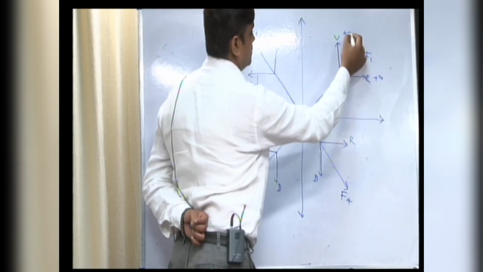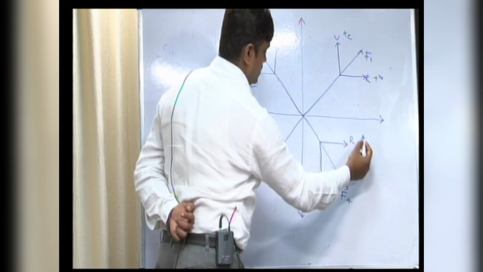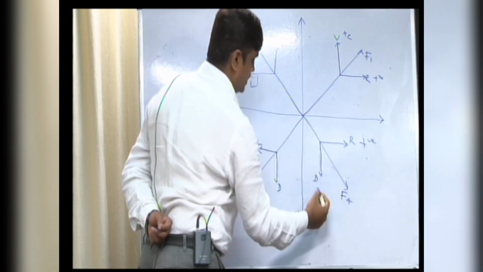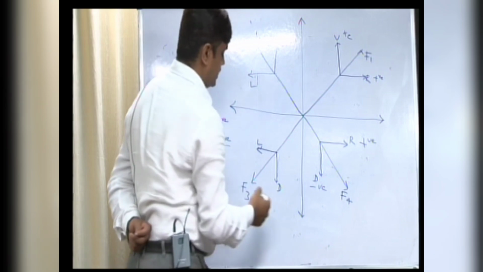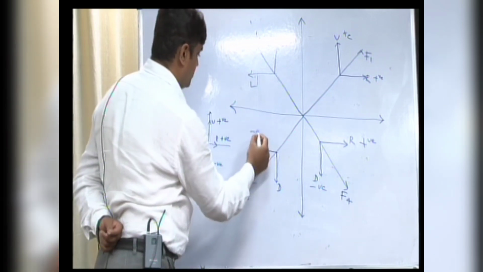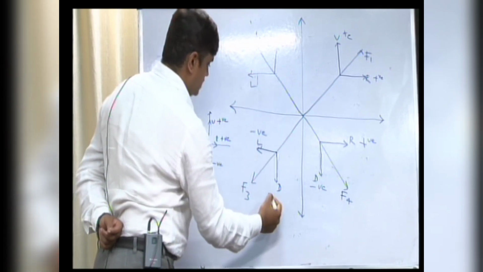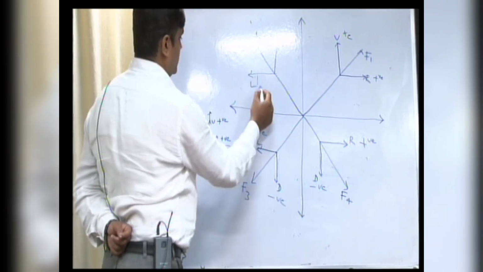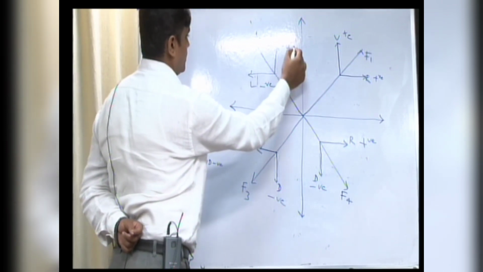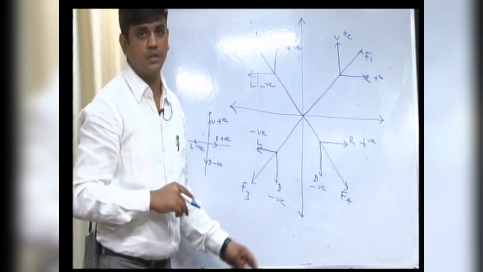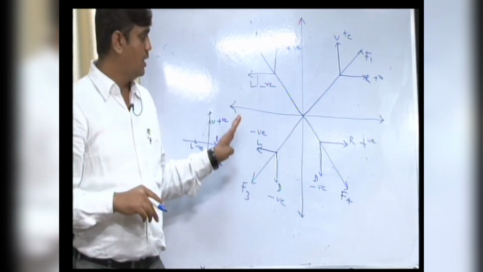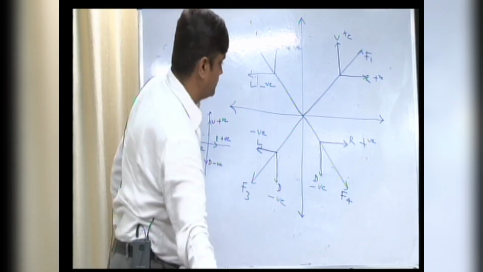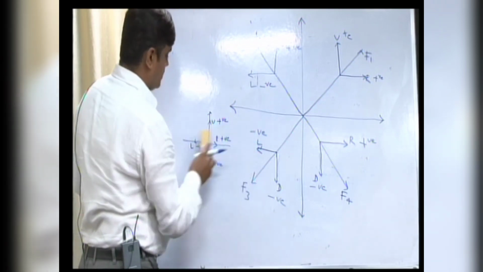In the second, right side will be positive and downward will be negative, left side will be negative, and down will be negative, left will be negative and up will be positive. So, these are the sign conventions we should observe carefully while solving the problem, as I told you in the slide portion. This is a very important point.